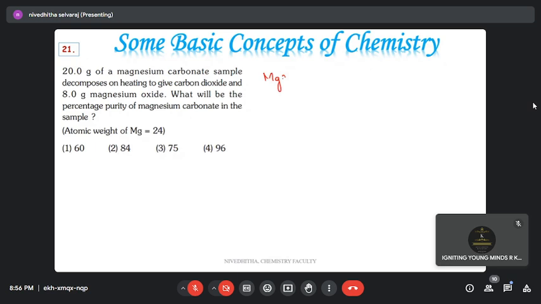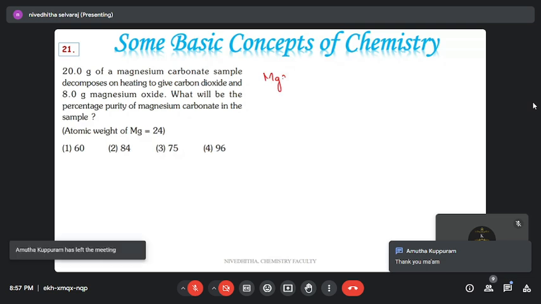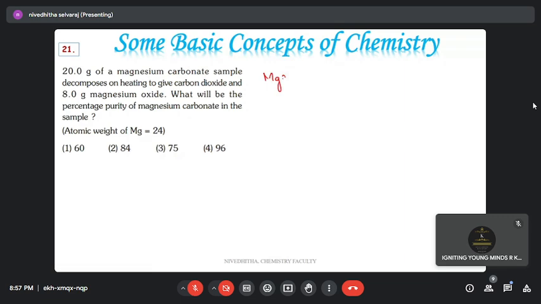So 1 mole of magnesium carbonate will give 1 mole of magnesium oxide and 1 mole of carbon dioxide, right? Here, they have taken 20 gram of magnesium carbonate. Whenever we are provided with gram, we have to convert that gram into number of moles. So if magnesium carbonate taken is 20 gram, what is the number of moles of magnesium carbonate? The formula is number of moles is equal to weight by molecular weight, right?